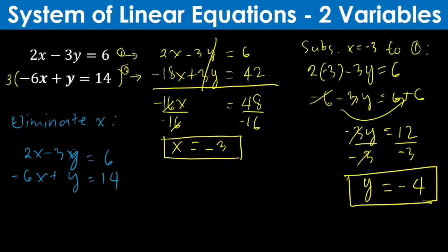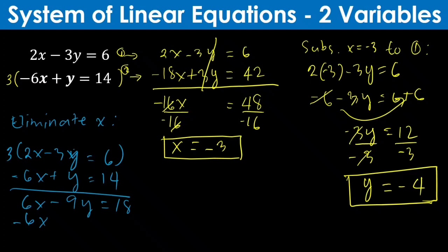Now here we multiply 3. That will become positive x. Okay, this is now 6x. 3 times -3, that's -9y. 3 times 6, that gives you 18. And let's copy that one.